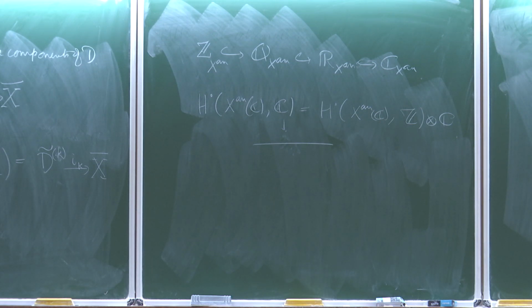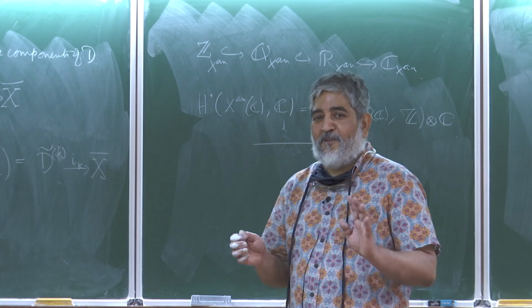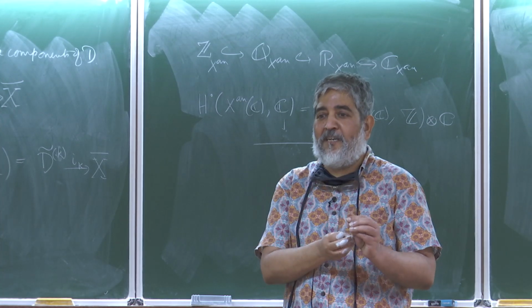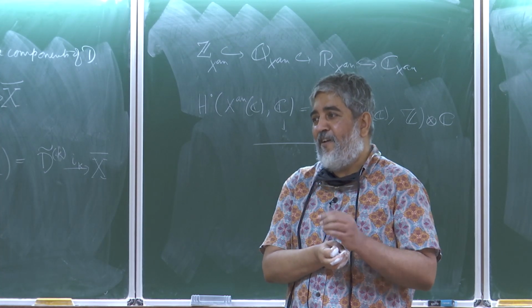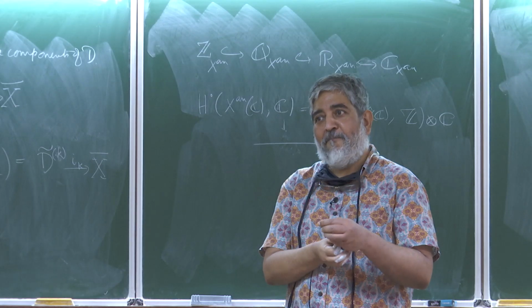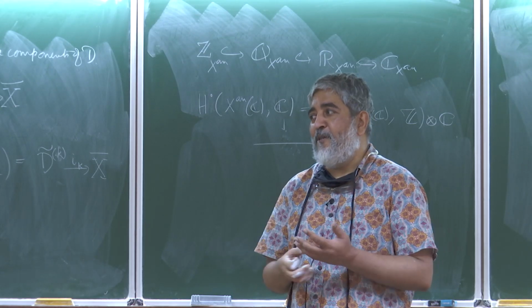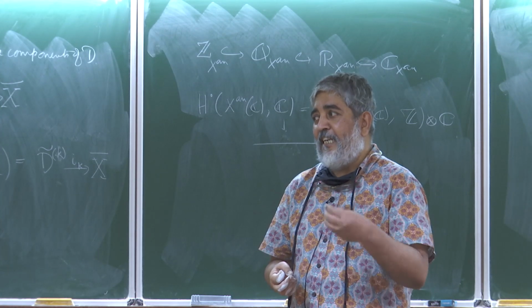Because for dx by x, in order to define the residue map, you don't get 1, but you get 2 pi i. Why do you get 2 pi i? After all, in algebraic geometry, the residue of dx by x is 1. I want to say that in algebraic geometry, over a field which may or may not have something to do with complex numbers, the residue is always 1.